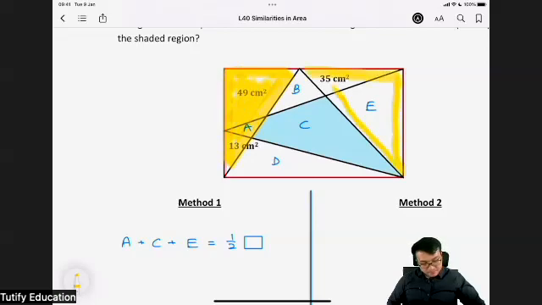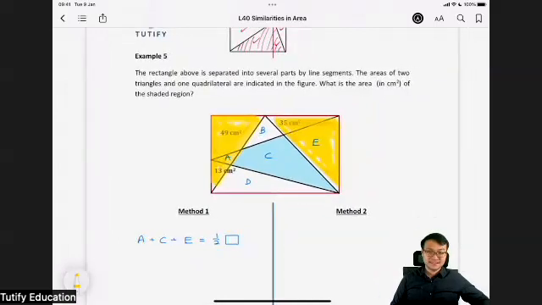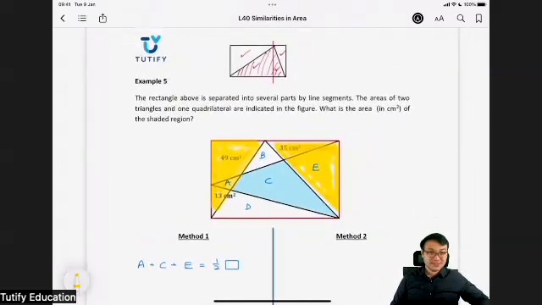The yellow part. Will you say that the yellow part is half of the rectangle? Yes or no? Or you're not sure? Jinsen, do you know?